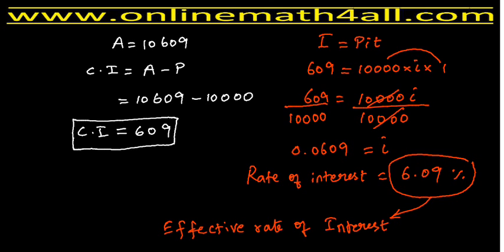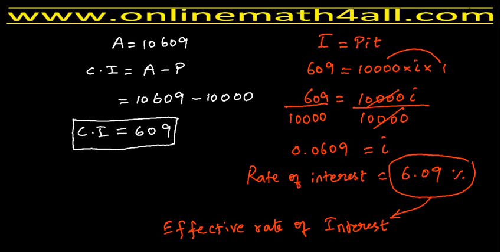So now the students will be able to understand what the effective rate of interest is. The effective rate of interest is nothing but the rate of interest in simple interest for the same principal, for the same interest that we have already earned in compound interest. So the same thing I have in simple interest, but what is the rate of interest? That rate of interest is called the effective rate of interest.